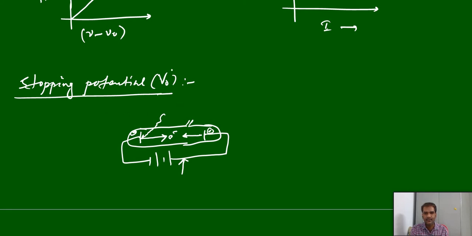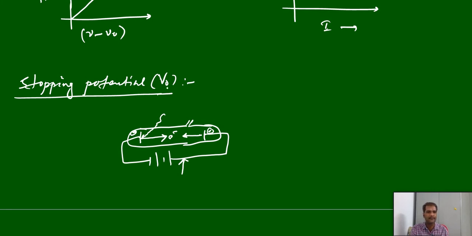So whatever amount of potential we have to supply externally just to stop the movement of the electron is called the stopping potential. The photoelectric phenomenon can take place, just the ejection of the electron only; there is no further movement of the electron. To oppose that movement, we apply that potential using this external electric field.